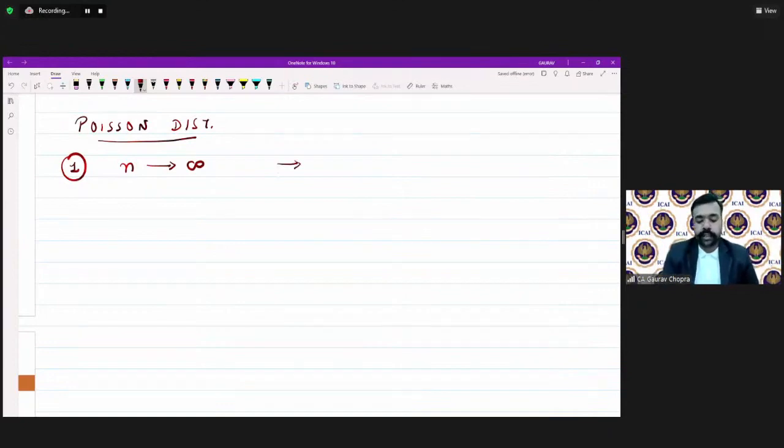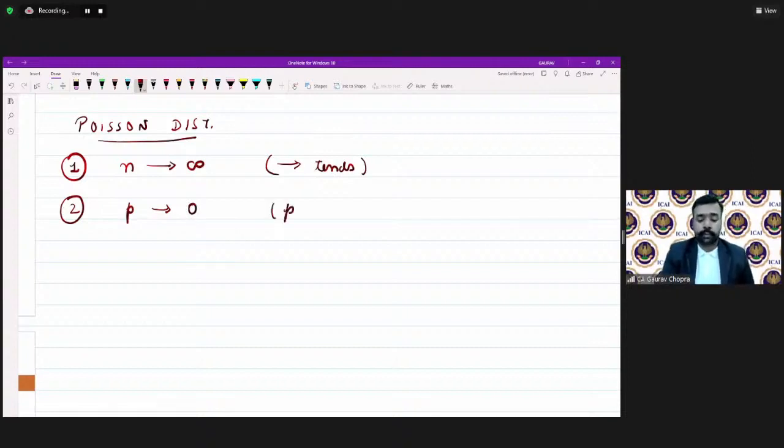This arrow sign means tends. That means n is approaching infinity. N is not exactly infinity, but n is near to infinity. Similarly, in the second condition, we are saying p tends to 0.